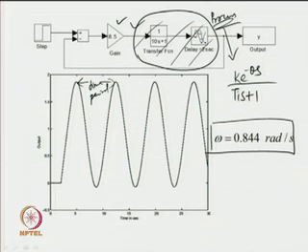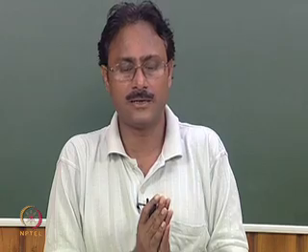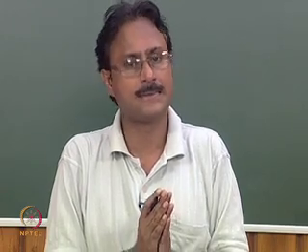For the sake of demonstrating how the identification is done, we have taken some specified process dynamics, but we assume that the process dynamics is not known to us. Rather, we go on measuring the output of the closed loop system, and from it we try to estimate the transfer function model of an unknown process dynamics.